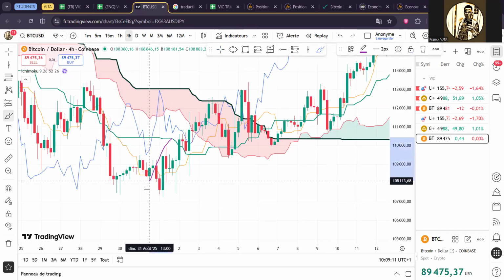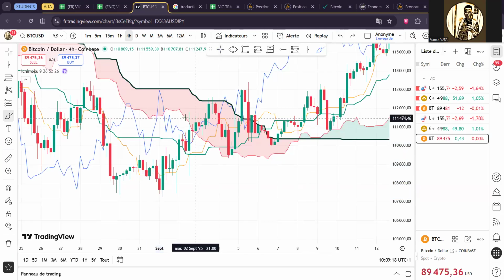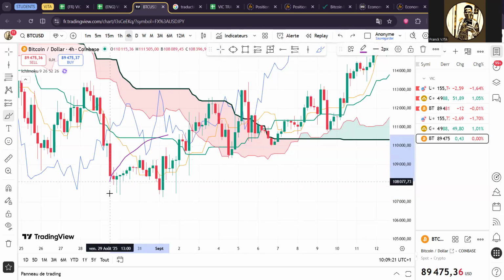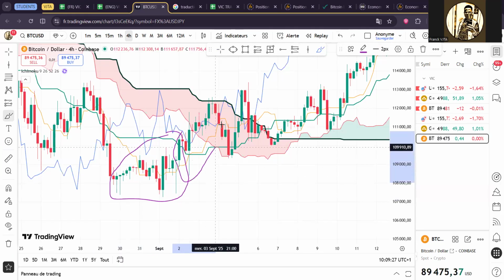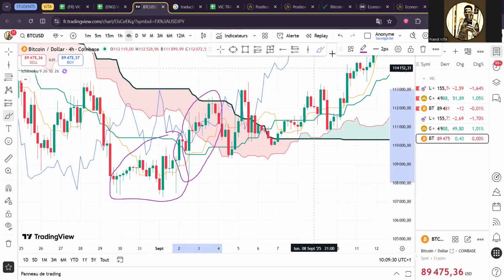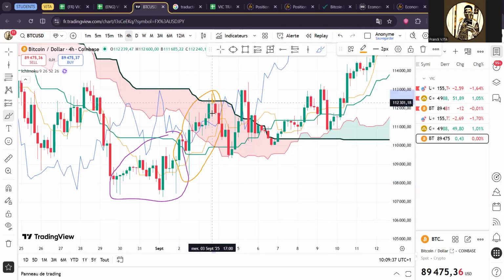We had here the origin. Yeah, the origin. Then you have at this level the reversal. And then the transition starts from when SSB is touched here till where Kijun goes above SSB.